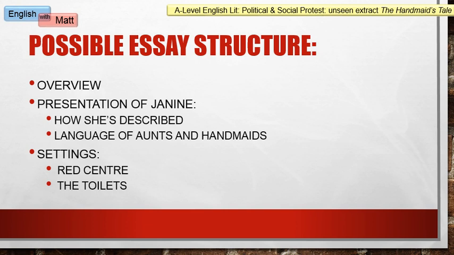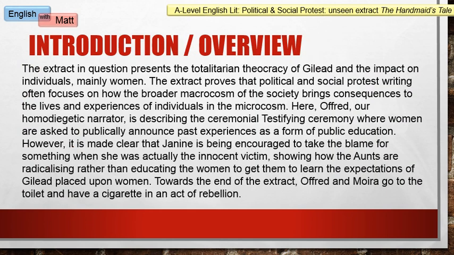To start with the overview, or the introduction, it's always a good idea to have an introduction because it helps contextualize the extract for your later paragraphs. The extract in question presents the totalitarian theocracy of Gilead and the impact on individuals, mainly women.